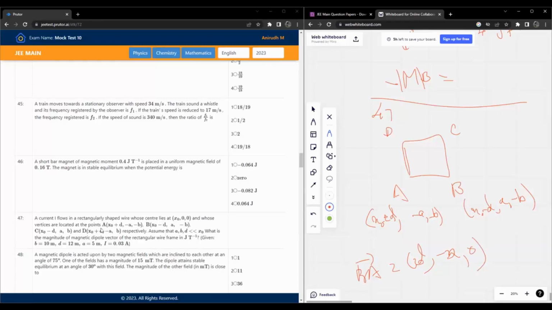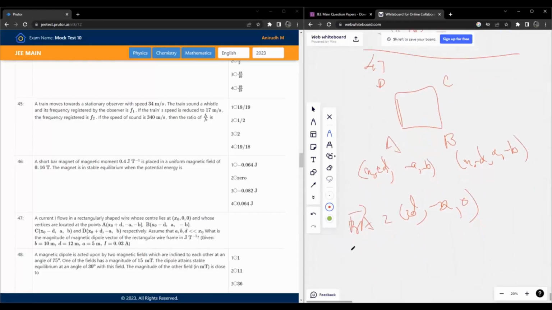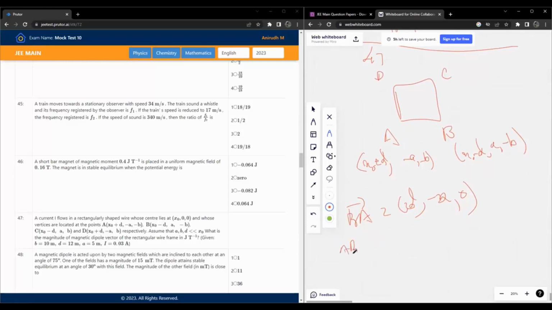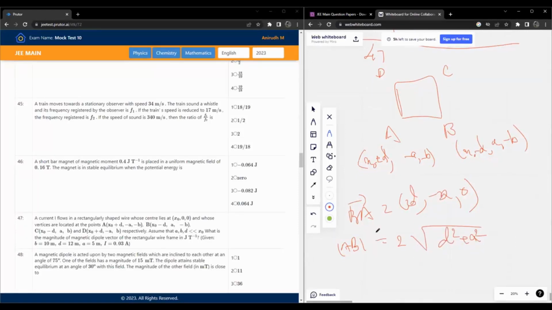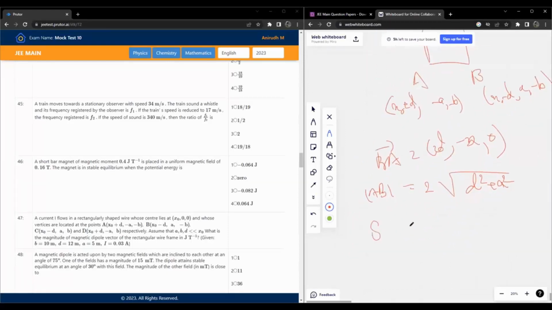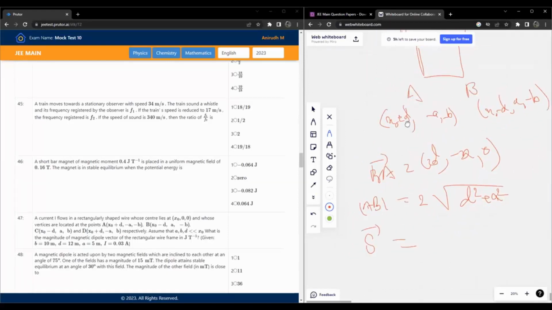And CD vector is going to be the same, right? So basically, mod AB is 2 root of d squared plus a squared, and your S vector, that is your areal vector.